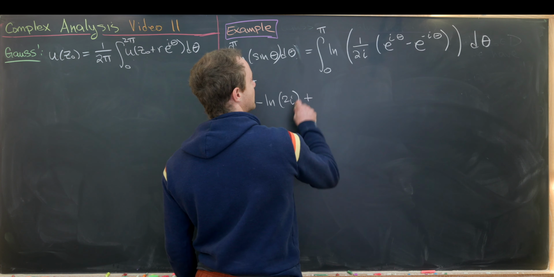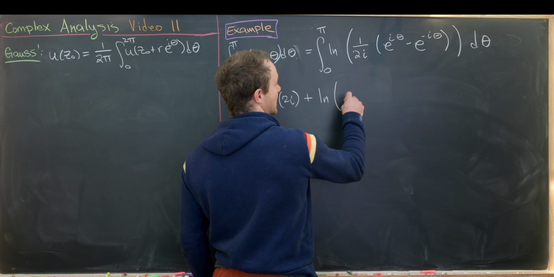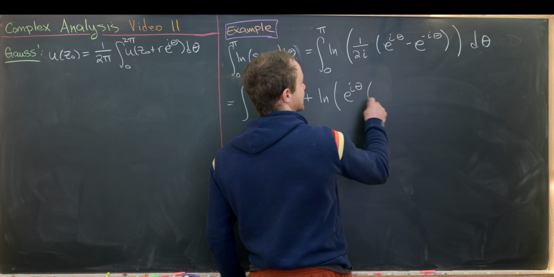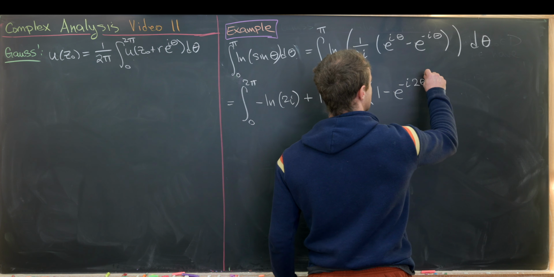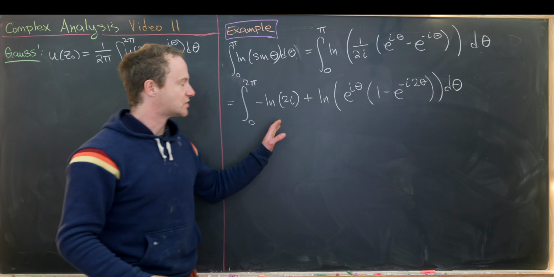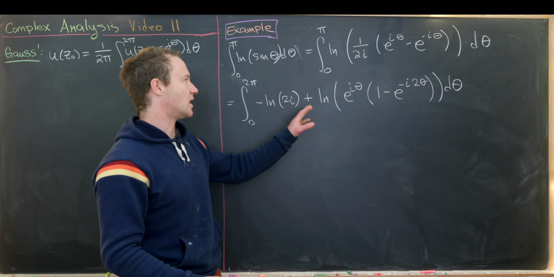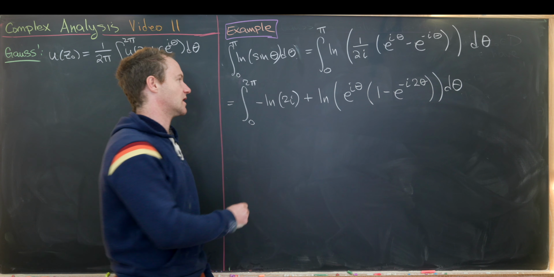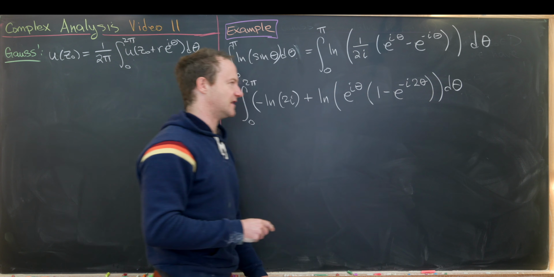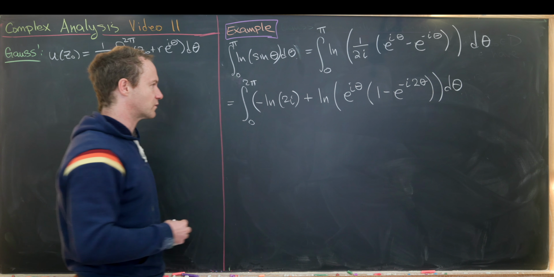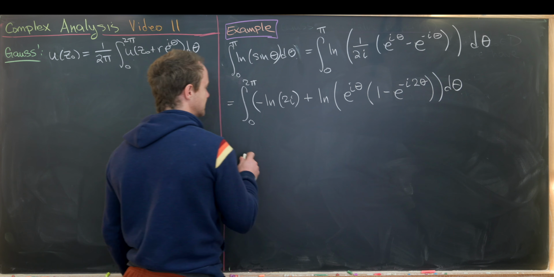And then that'll be plus the natural log of e^{iθ} times (1 − e^{−i2θ}) dθ. So just to reiterate what happened here, I used logarithm rules to bring that natural log of 2i out. And then I factored this e^{iθ} out. Now I'm going to use logarithm rules again to split this into pieces.